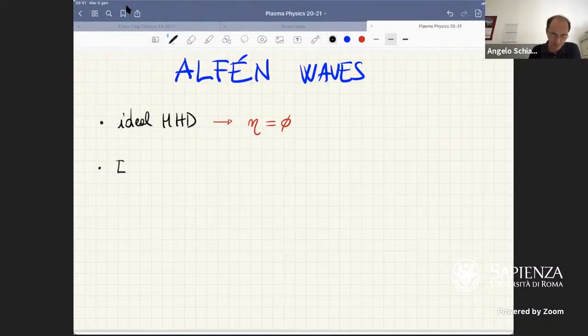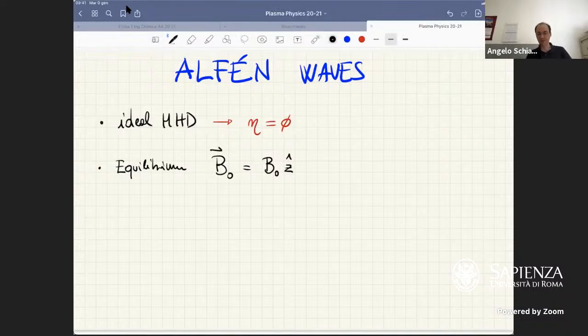So at equilibrium, we will have a magnetic field, we call it B0, the externally applied magnetic field, which for our purpose here is going to be directly along the Z direction. So it's going to be B0, the amplitude, along the Z direction.